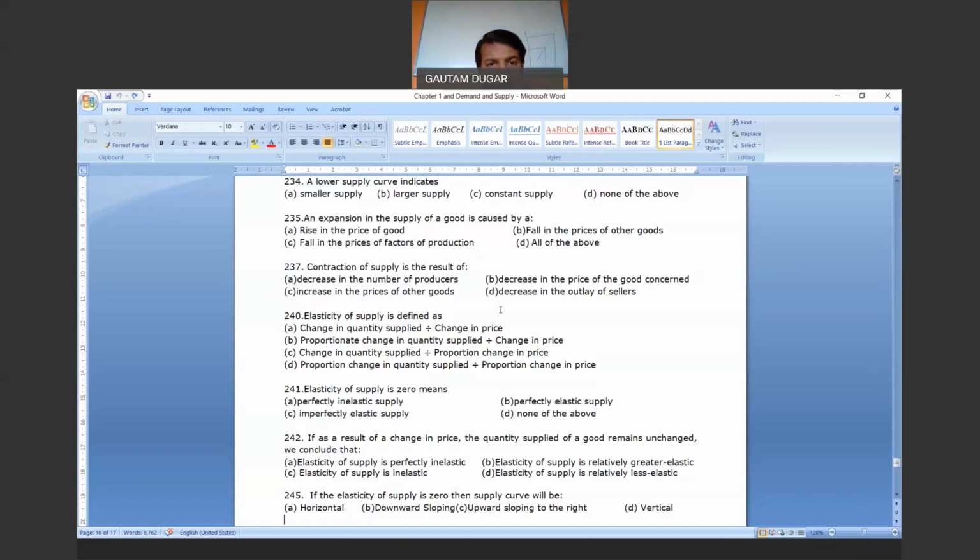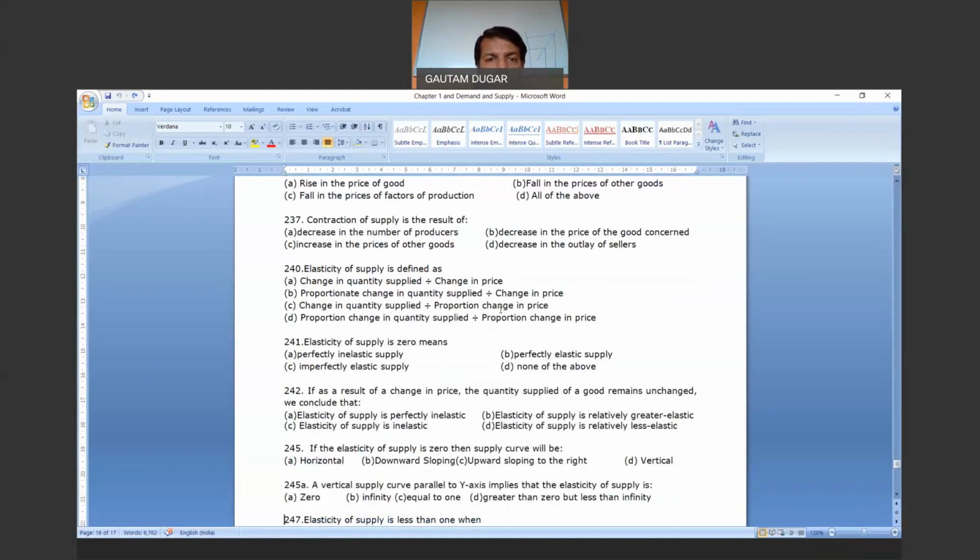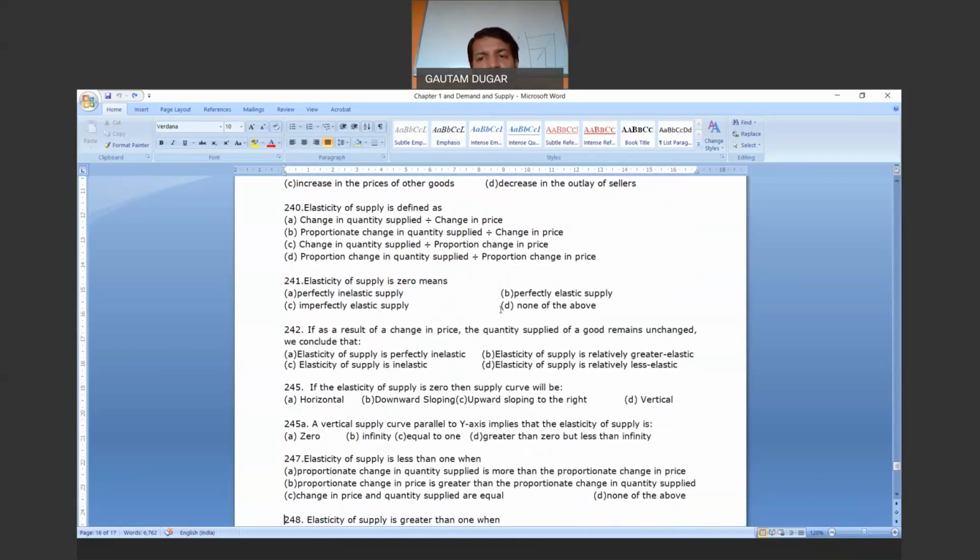Next, coming to elasticity of supply. We start from this question 240 onwards. Percentage change in quantity supplied divided by percentage change in price.